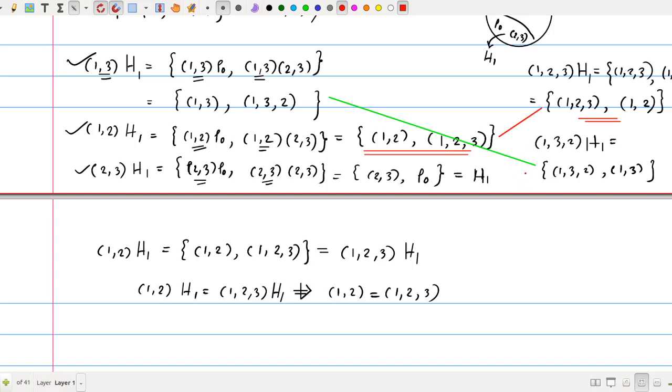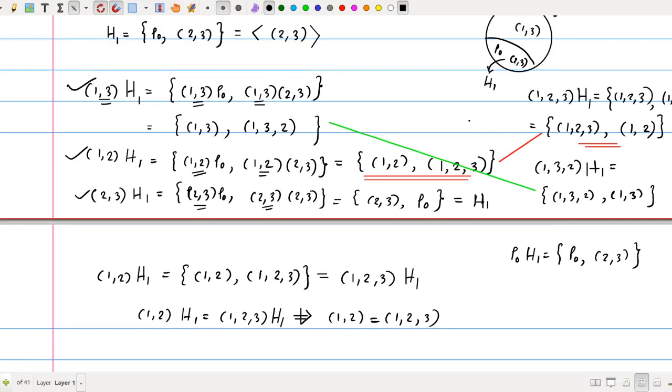And if you consider the coset corresponding to rho naught itself, what is rho naught times h1? That will give rho naught and (2 3). So that will be the same. So this is same as the first one, our first one means the h1 itself.